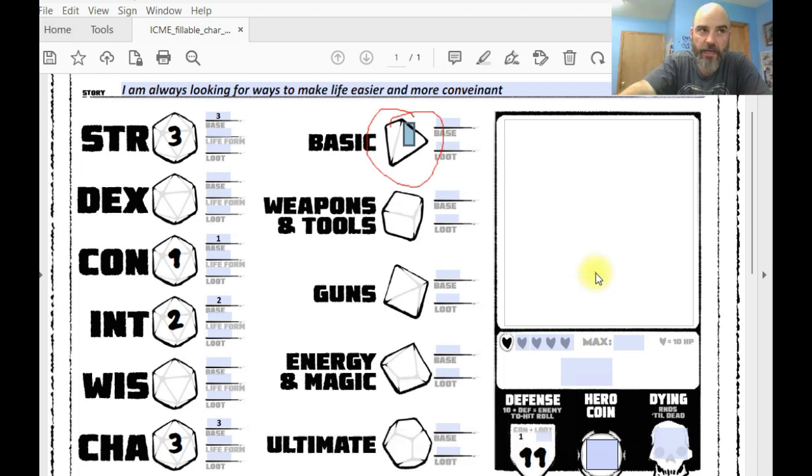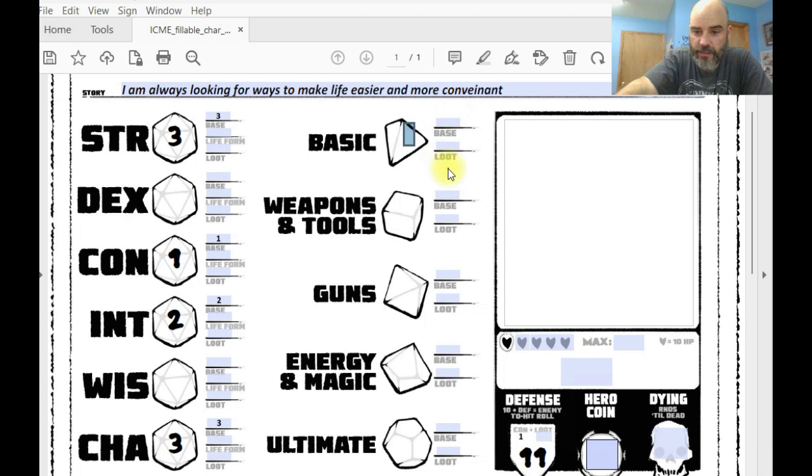If you're trying to untie a knot, if you're trying to pick a lock, if you're trying to read a book in a very stressful situation, if you're trying to remember what species of animal, anytime it takes any sort of effort, the game master will have you roll the basic dice. If you're punching someone in a bar fight, that's using your hands and your wits, so you'll use basic dice.